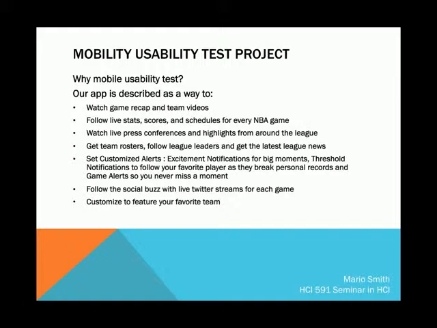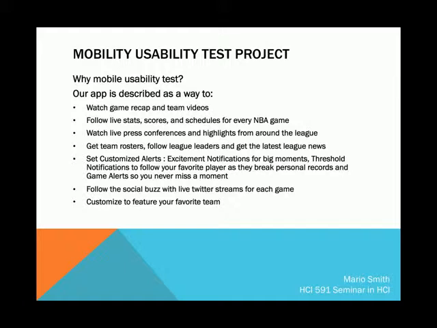Our current app is described as a way for our users and basketball enthusiasts to watch game recaps and team videos, follow live stats and scores. They can keep up with the NBA schedule.